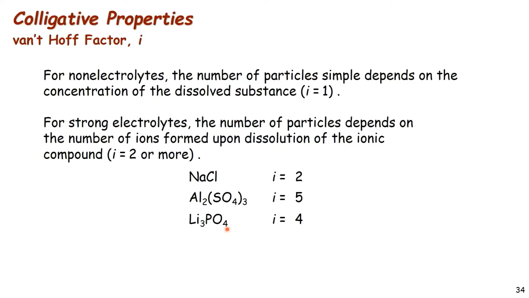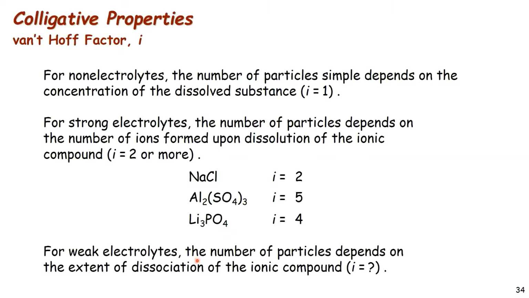Any questions on this so far? For weak electrolytes, which by the way I'm not going to make you deal with, i is some non-whole number because only some of that ionic compound dissociates.